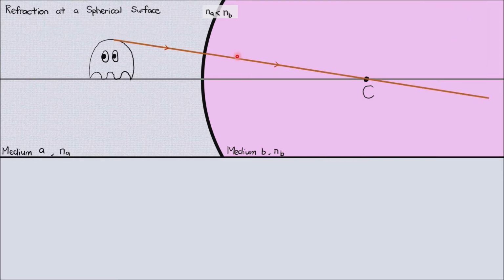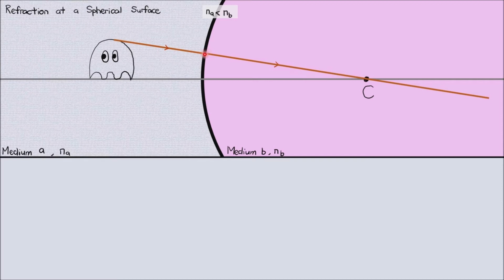The first one will be the incident ray along the line that passes through the center of curvature. In this case, the incident ray is in the direction of the normal line. You can think of it as light striking normal to the surface. If normal to the surface, the angle of incidence is 0.